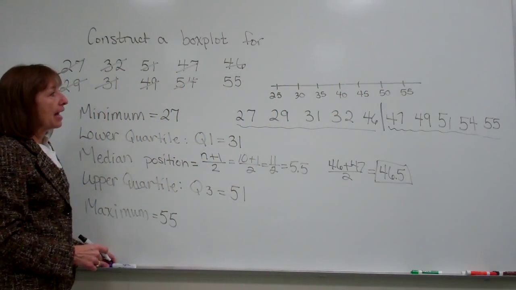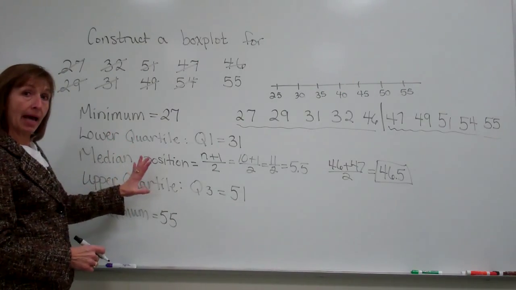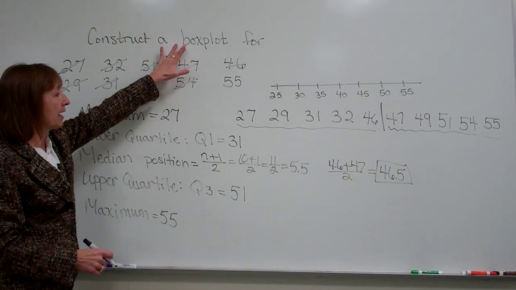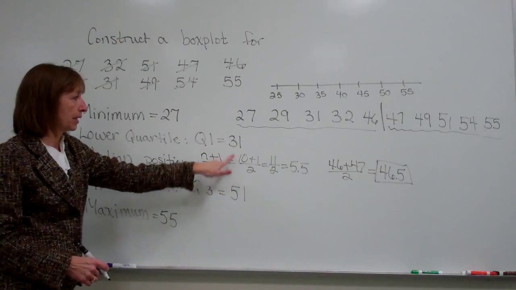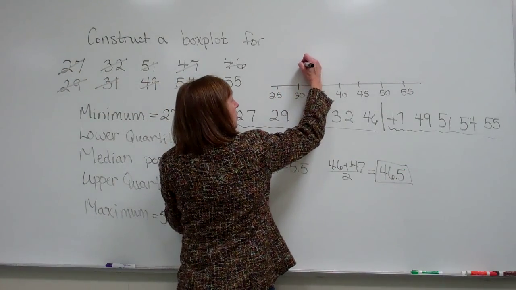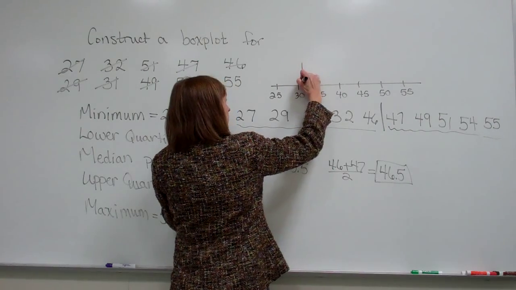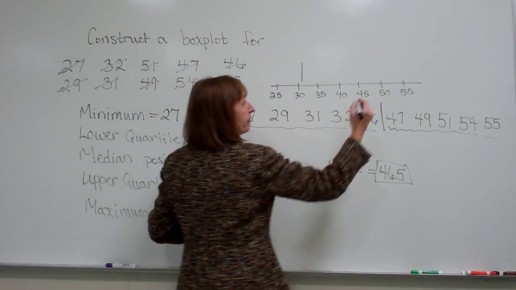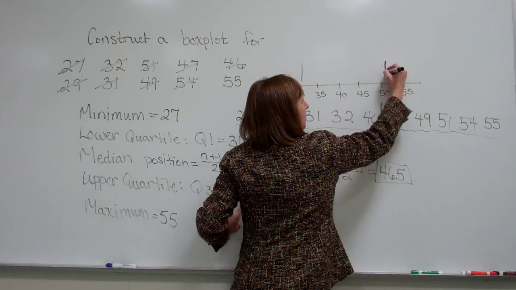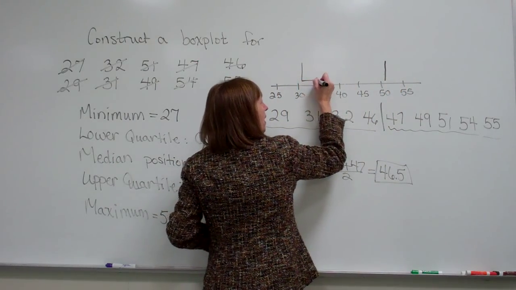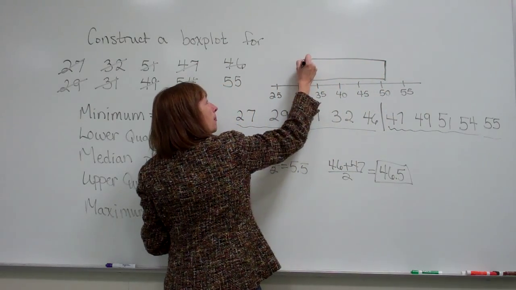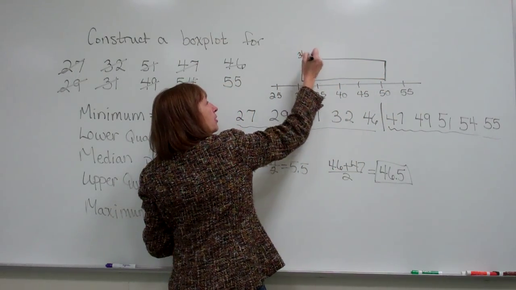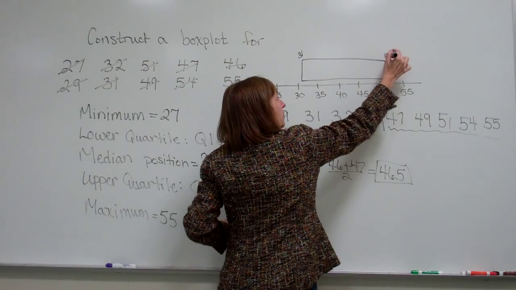Now once we do that, we want to make a box, for the box part of the box plot, that starts at Q1 and ends at Q3. So at 31, I make a little vertical mark, and at 51, I do the same. So that's the beginning of my box to the end of my box. So there's my 31 for my Q1 and my 51 for my Q3.